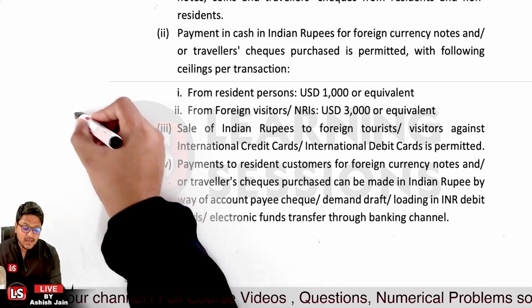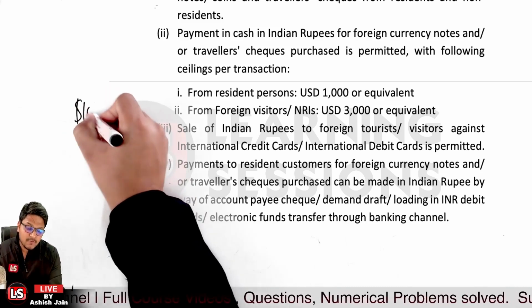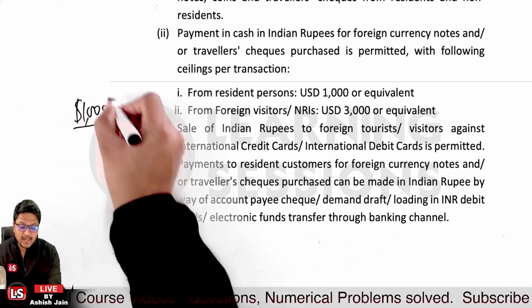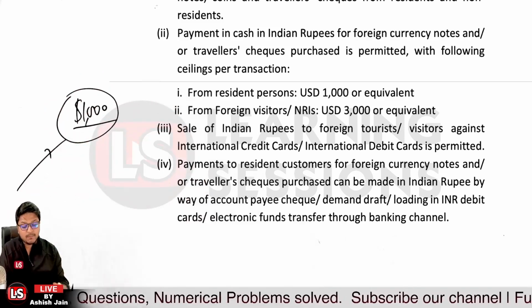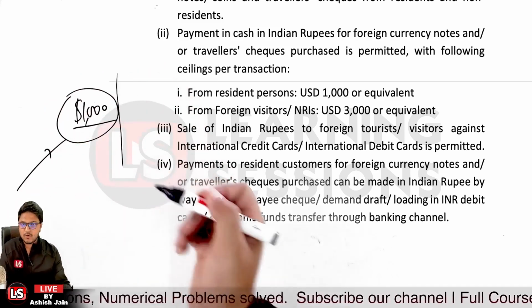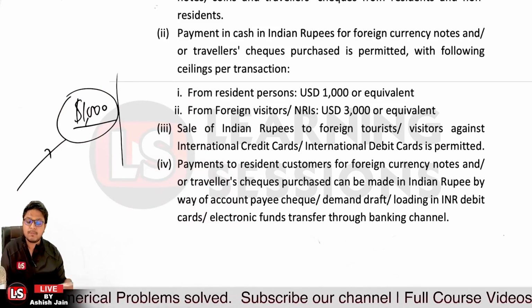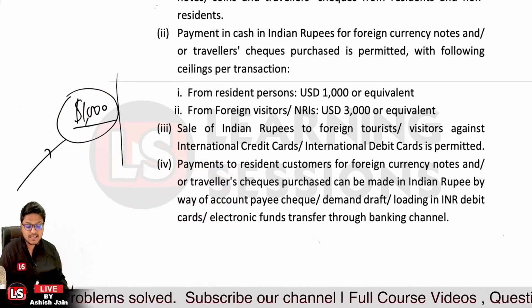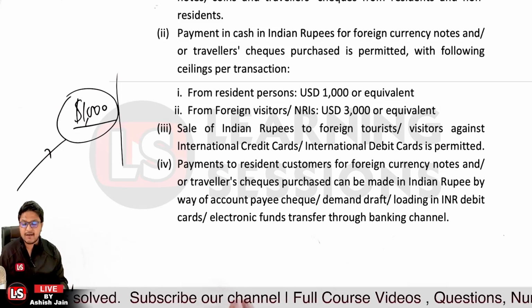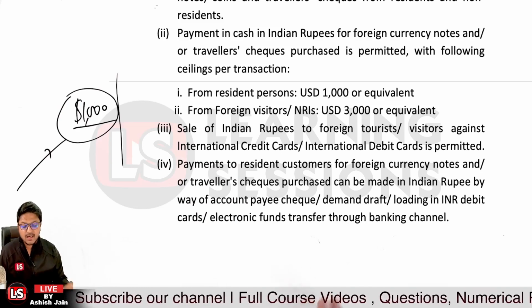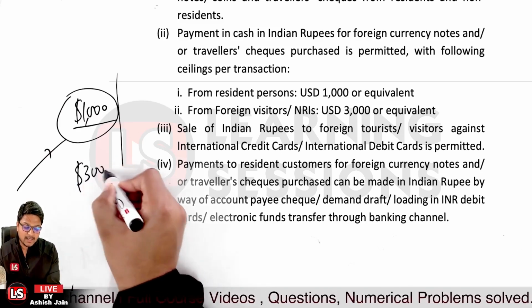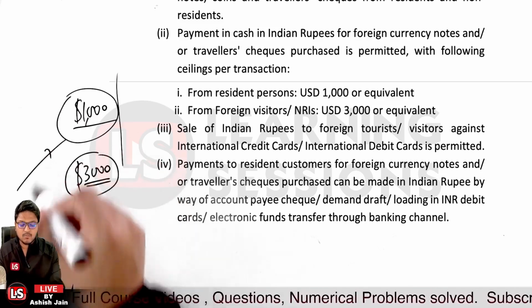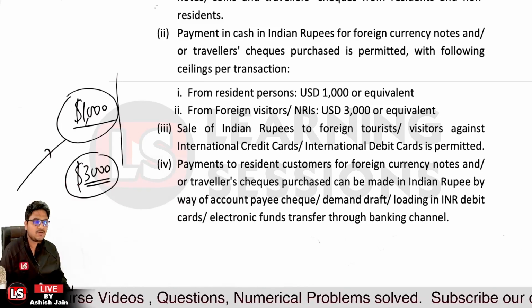Like I said, up to the amount of USD 1,000, if you're an Indian resident, you can take Indian rupee cash. But beyond that, whatever the amount is, it is to be paid through the banking channel only. So that is the case for resident Indians. And if the person is an NRI, in that particular case the equivalent of USD 3,000 can be paid in cash, but not more than that. Okay, so that's the case related to it.